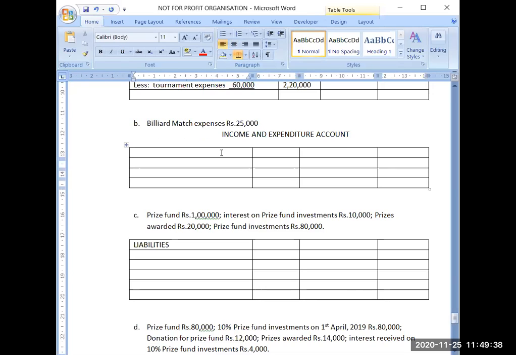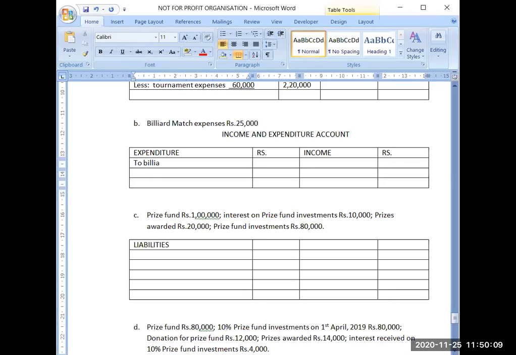This will be the expense side, expenditure, and this will be the income side. Now this is an expense, so it will be written on the expenditure side.